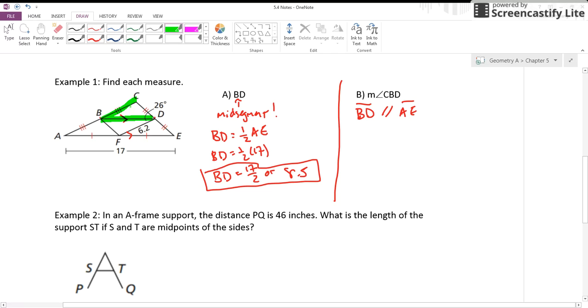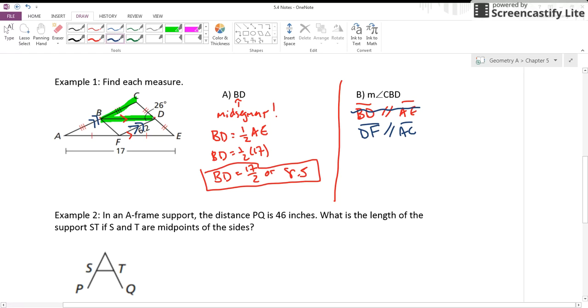Well, BD and AE being parallel doesn't really help me too much, so I might want to look at other sides as well. I also know that the other midsegment, DF, is parallel to AC. Remember, BD doesn't really help me here, so let's take a look at DF and AC.